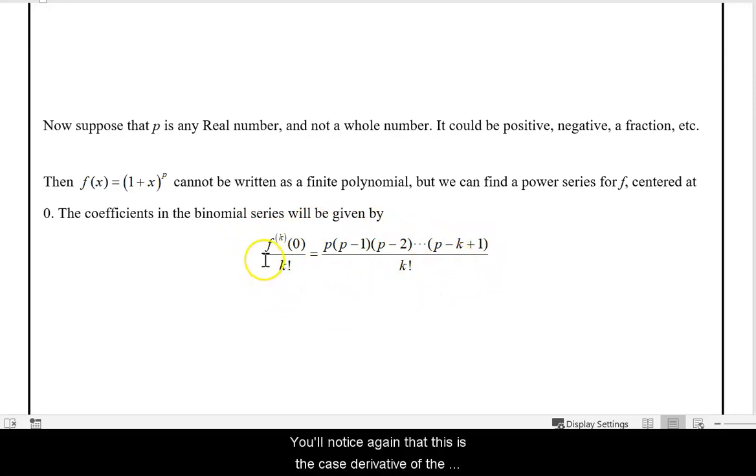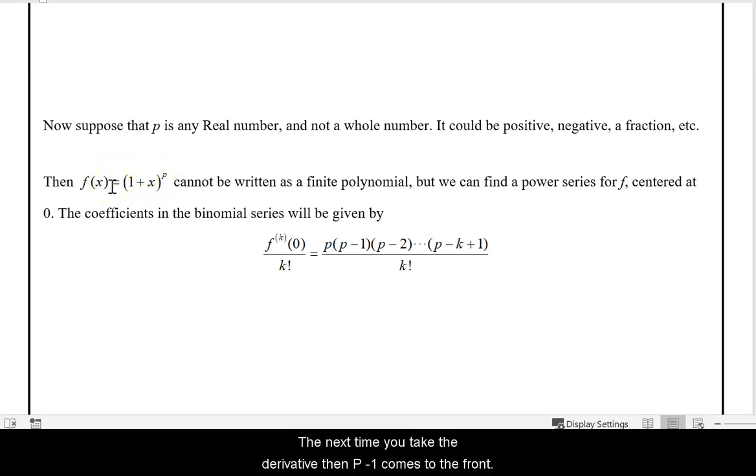You'll notice again that this is the kth derivative of the function at 0 divided by k factorial times p minus 1, p minus 2, all the way down to p minus k plus 1. The reason is, as you continue to take the derivative of the function over and over again, the p comes to the front, leaving on top a new power p minus 1.